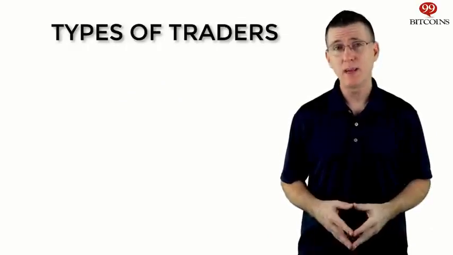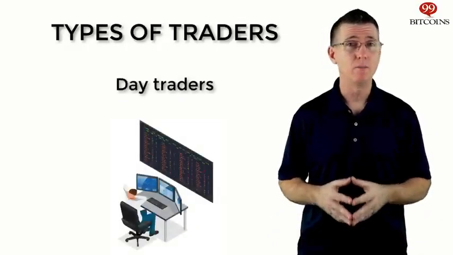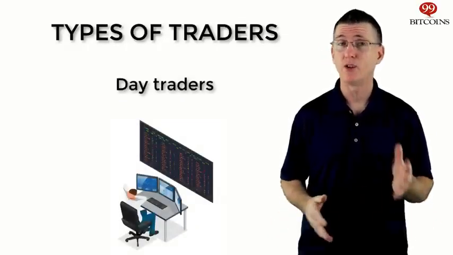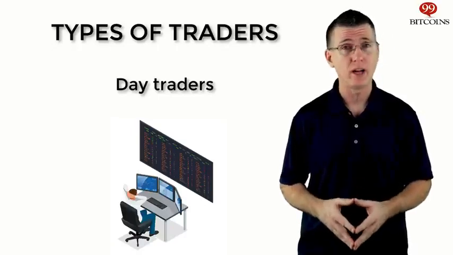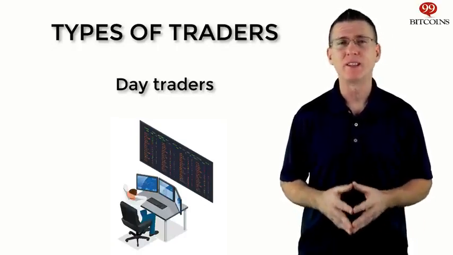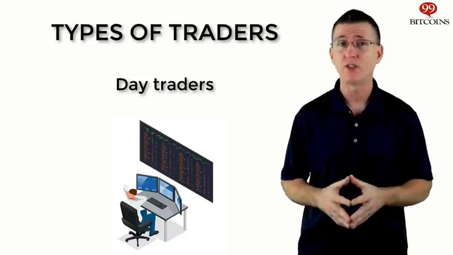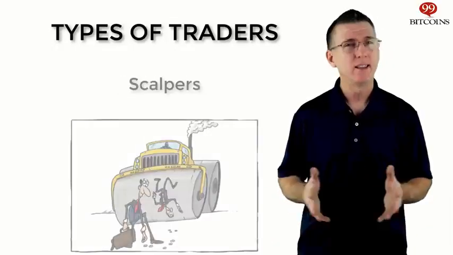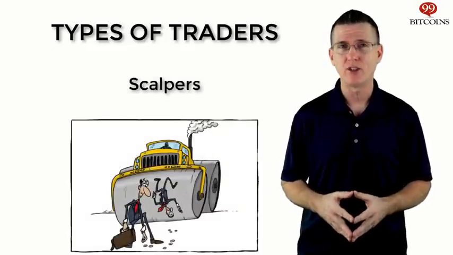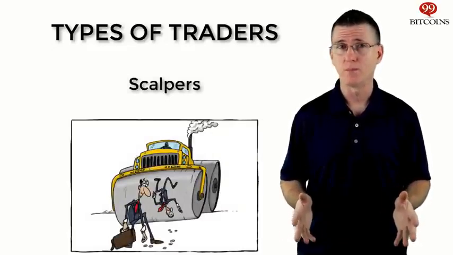But all traders are not the same, and there are different types of trading methods. For example, day trading involves conducting multiple trades throughout the day and trying to profit from short-term price movements. Day traders spend a lot of time staring at computer screens, and at the end of the day, they usually just close all of their trades. Scalping is a day trading strategy that a lot of people are talking about.